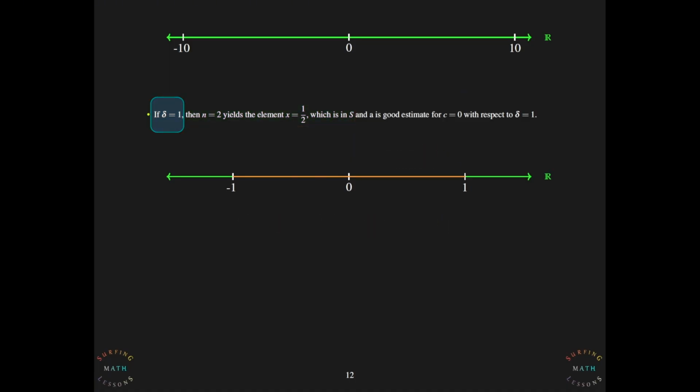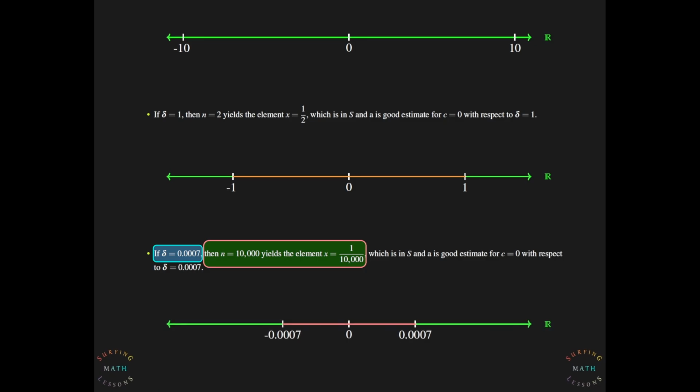And lastly, if delta is equal to 0.0007, observe that the number 1 over 10,000 is in the set S and is a good estimate of 0 with respect to this particular value of delta.